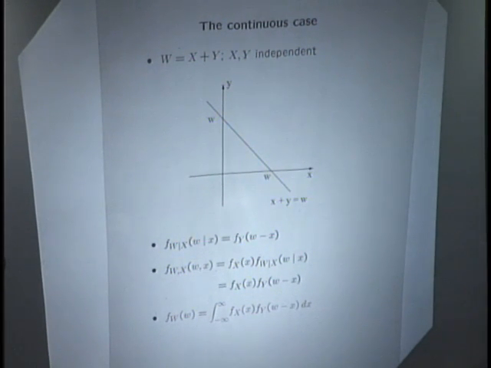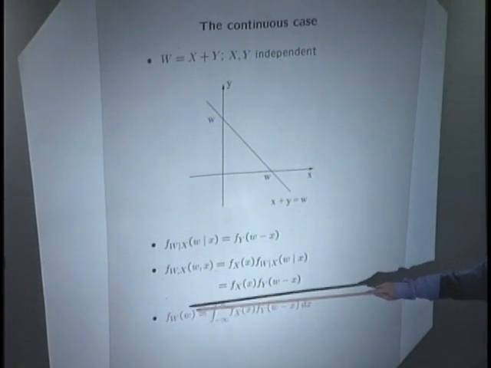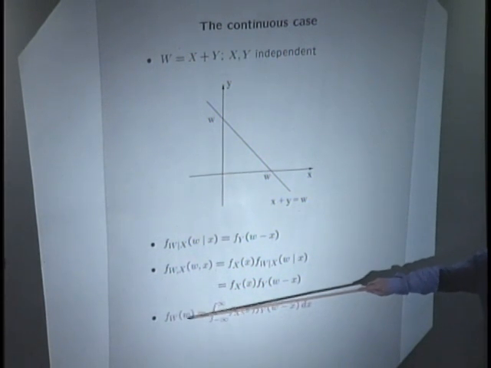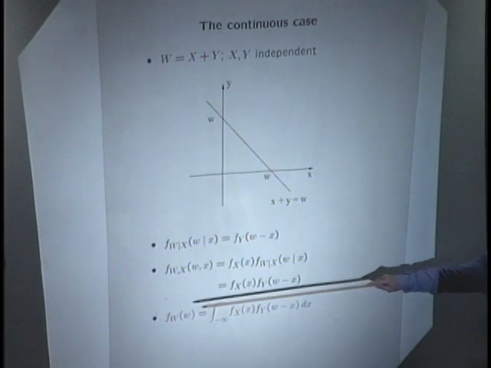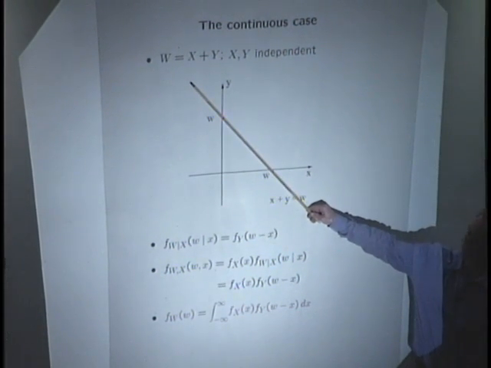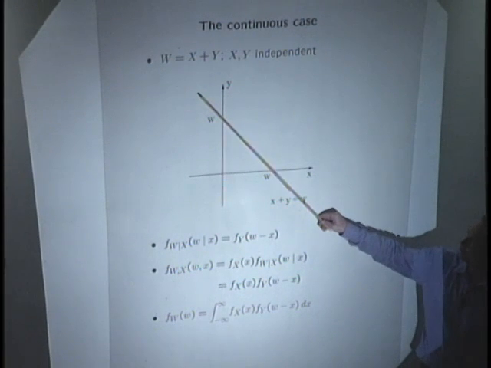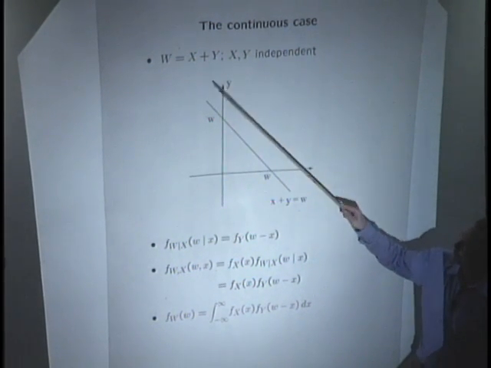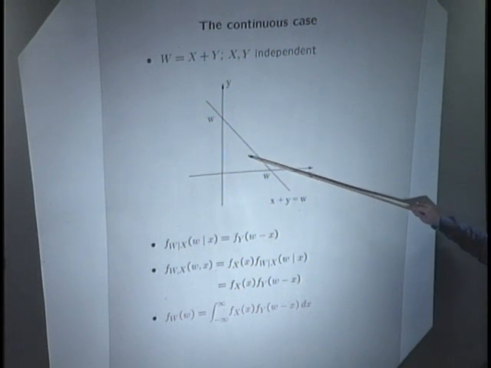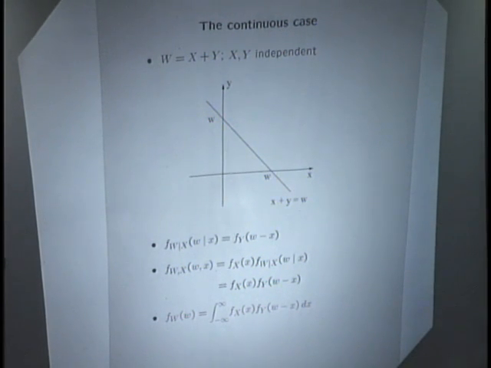Essentially, what this integral does is it fixes a particular w of interest. We're interested in the probability that the random variable capital W takes a value equal to little w or values close to it. So this corresponds to the event, which is this particular line on the two-dimensional space. So we need to add probabilities along that line. But since the setting is continuous, we will not add probabilities.